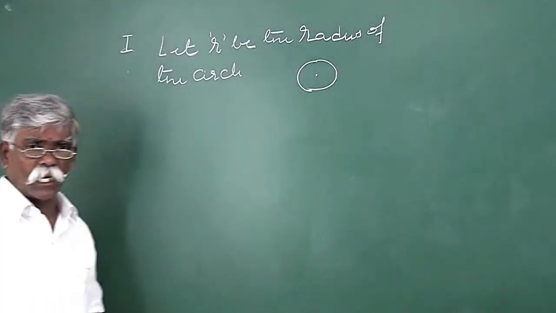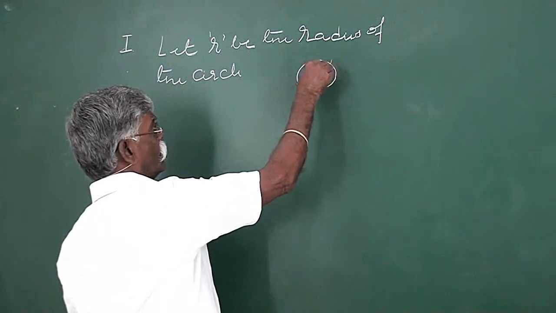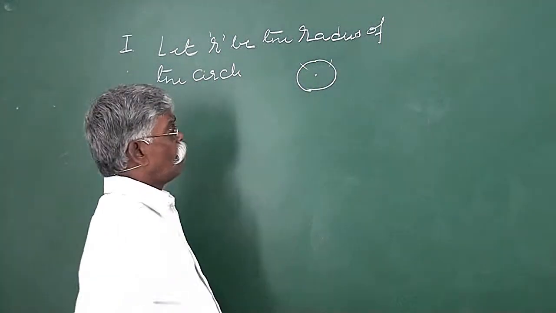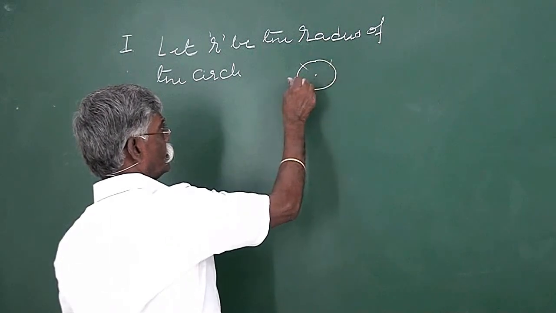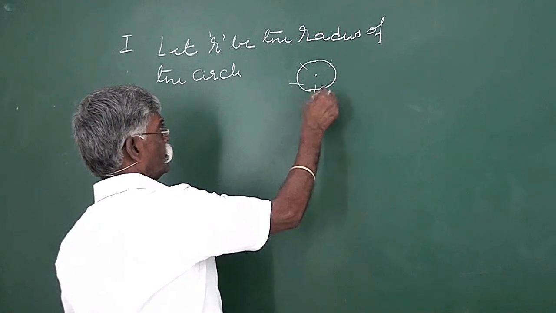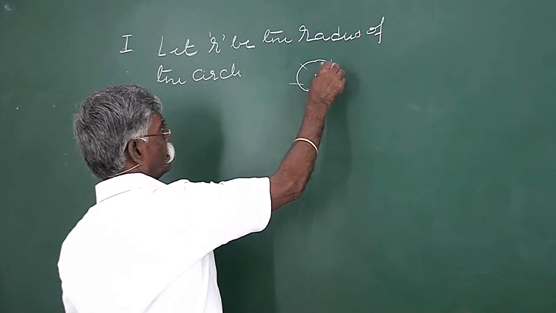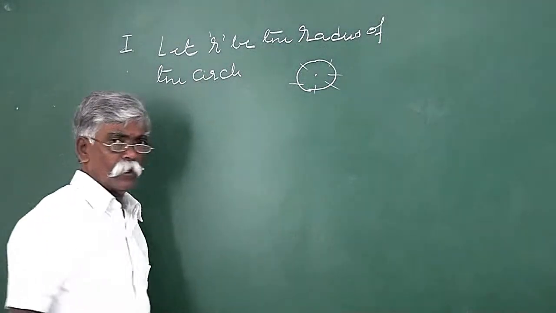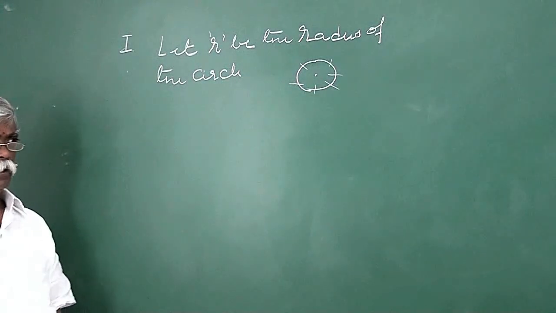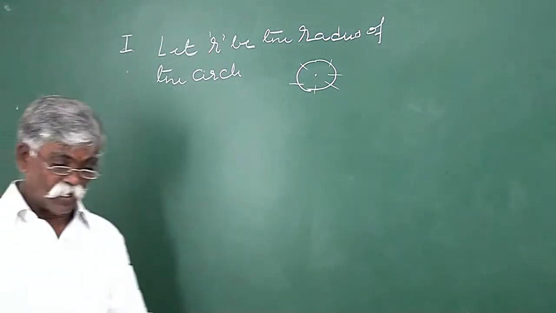And now this is a circle. The circumference of the circle is divided like this into 5 parts. And these 5 parts are in AP, it is given.